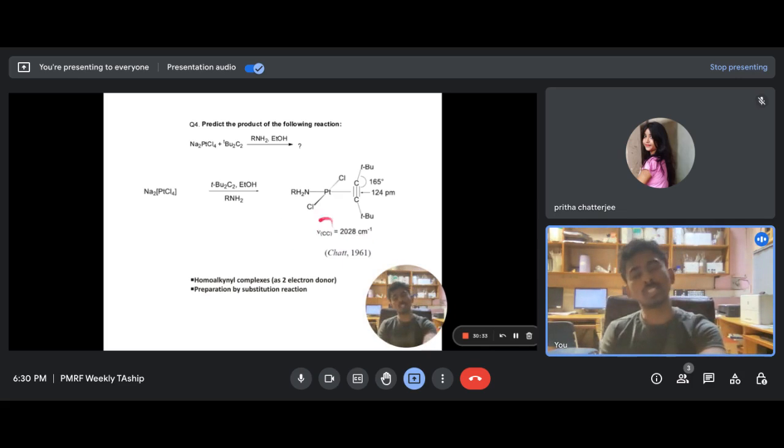This example is taken from the famous scientist Chatt's work in 1961. This is a homoalkyne complex, where both groups are the same, acting as a 2 electron donor, and it is prepared by a substitution reaction because RNH2 is the nucleophile here.